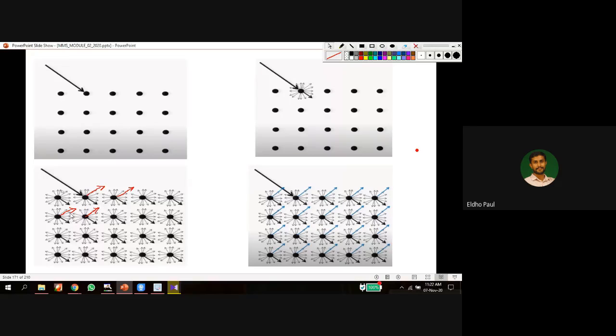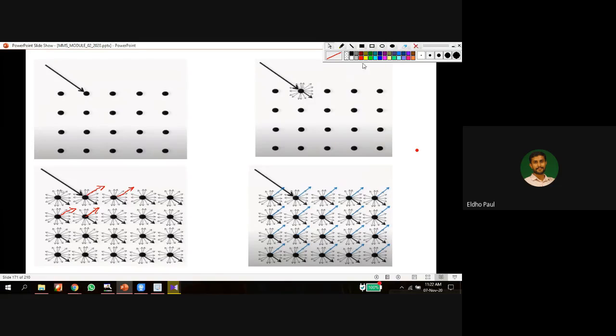All the waves constructively interfere, which results in a stronger wave in this direction, by constructive interference.